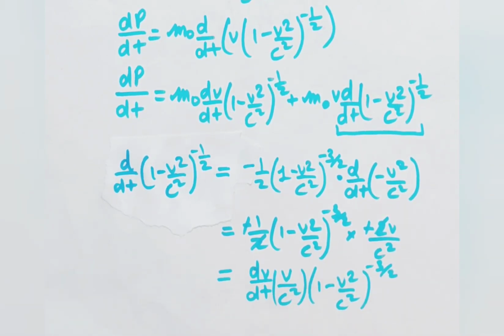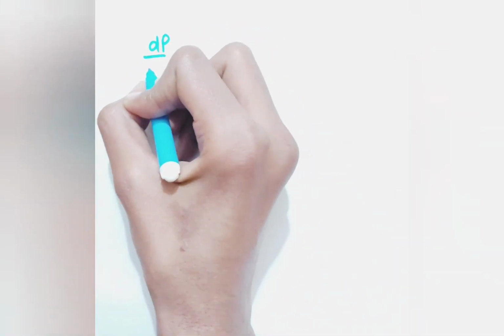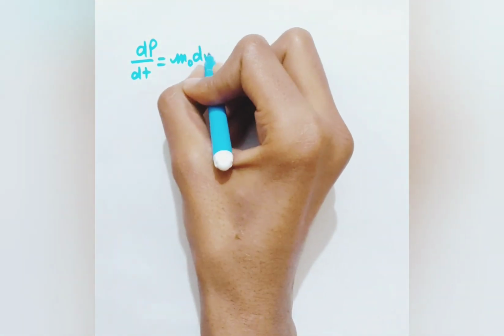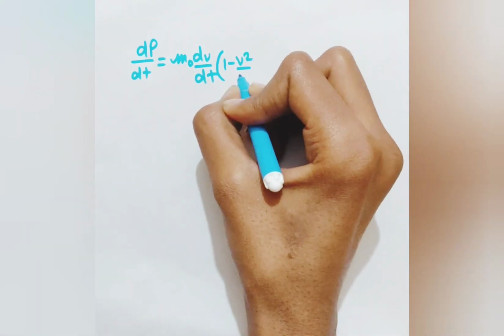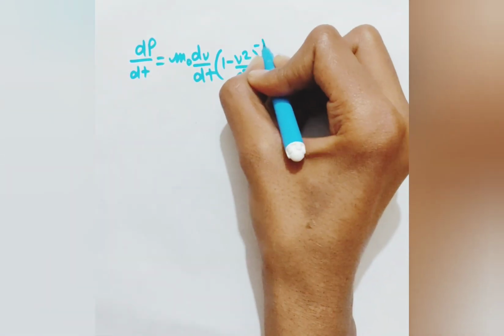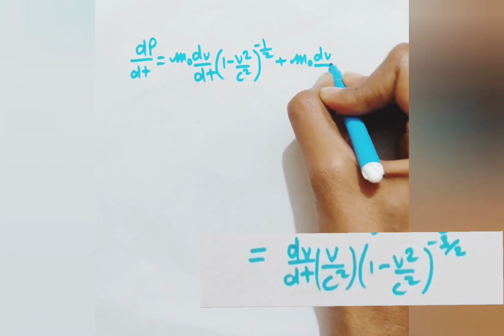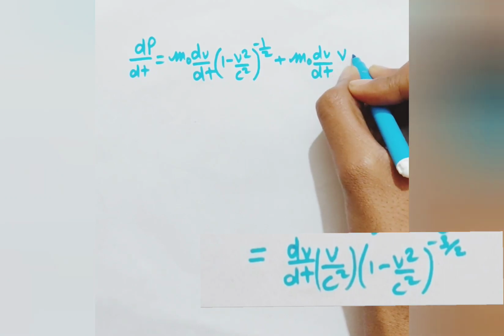Now we can keep this in mind and work out dp over dt. We can say that dp over dt equals m naught dv by dt times 1 minus v squared over c squared to the power of negative 1/2, plus m naught dv by dt times v multiplied by v over c squared.